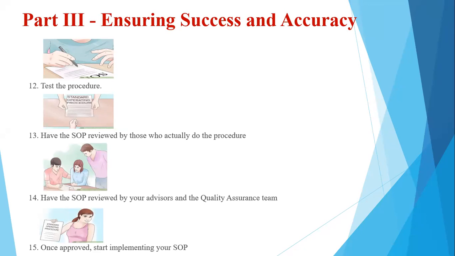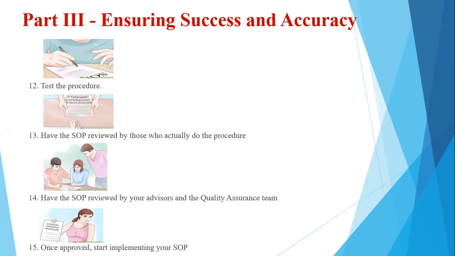So either have someone with limited knowledge of the process to use your SOP to guide him. So that's where you will be coming up with the lacunas. Or the other way, what you can do is, it's best to have a handful of people who would be actually testing your standard operating procedure. Now over here, when you are having a group of people, different individuals will have different issues.